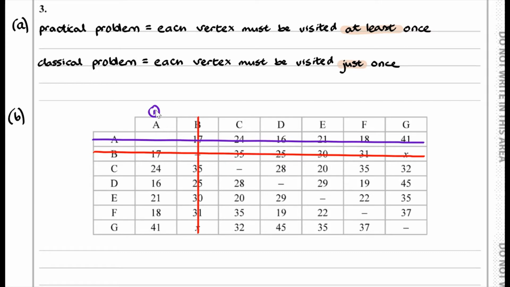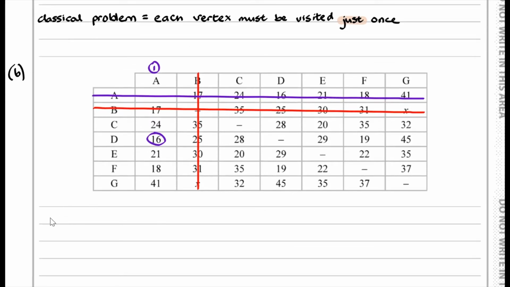And if you look down A, looking at the smallest number, that's D. So we begin over here with AD, which has length 16. So then we delete D, like so, and then we label D with a number 2.